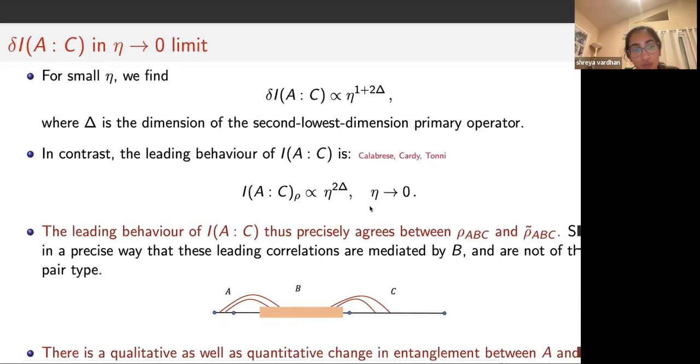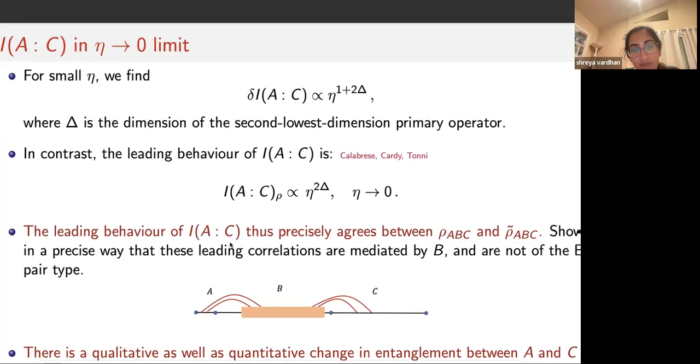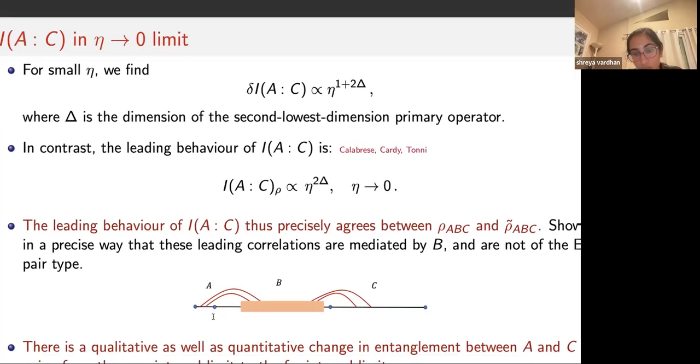The fact that this is a higher power tells us that the leading behavior of the mutual information between A and C precisely agrees between the state rho ABC and rho tilde ABC. So whatever correlations are being captured by this leading behavior are exactly of the kind which are mediated by B and can therefore be reproduced in the state rho tilde.